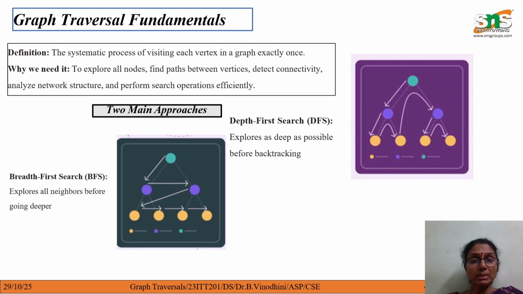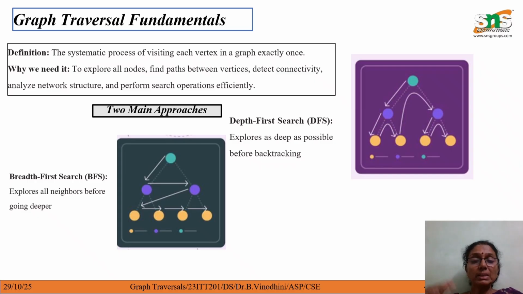Graph traversal has two approaches: one is breadth first traversal, the other is depth first traversal. What does breadth first traversal mean? It explores all neighbors before going deeper, so it explores the neighbors level wise. Depth first means it explores as deep as possible before backtracking.